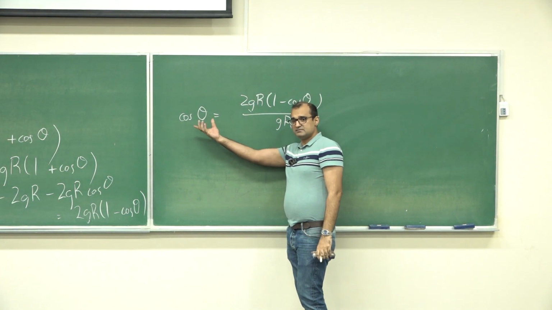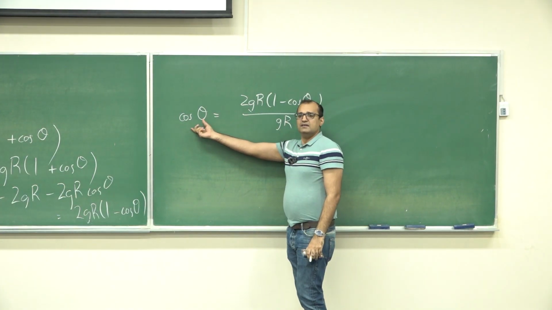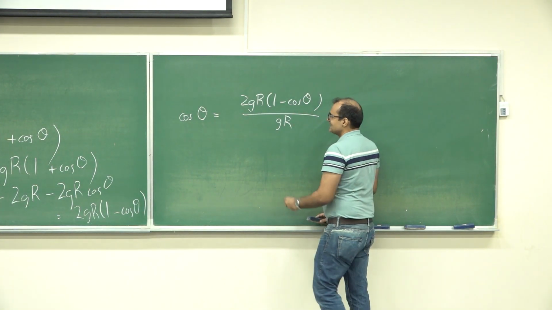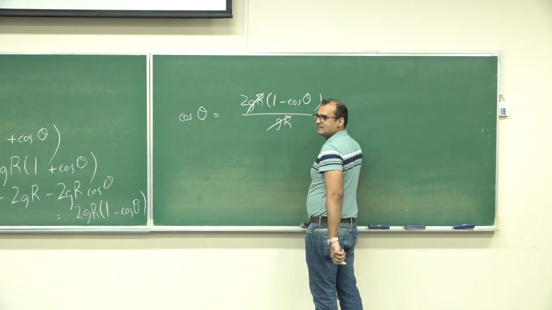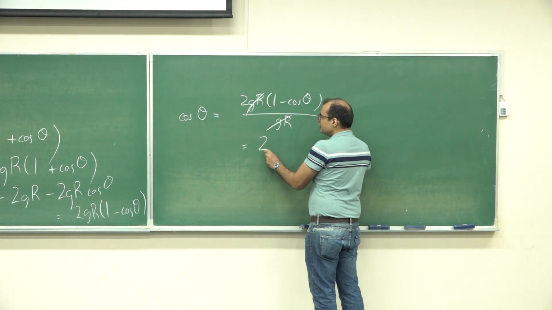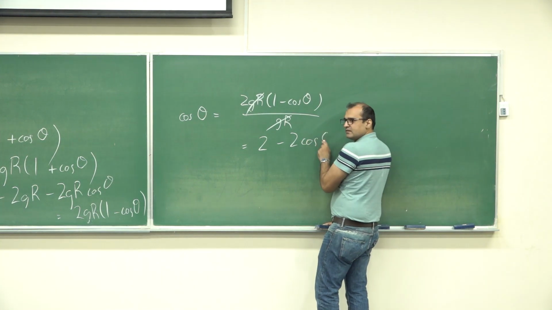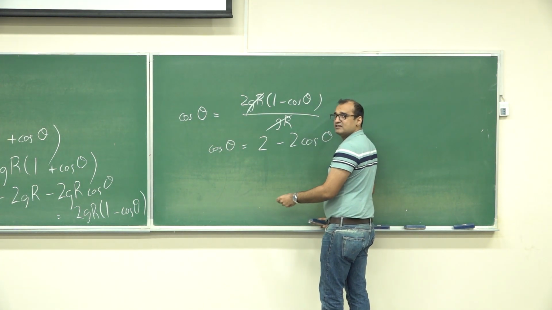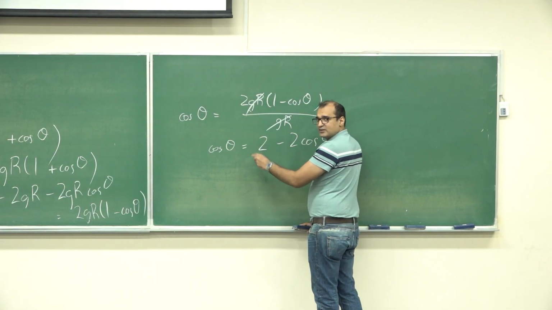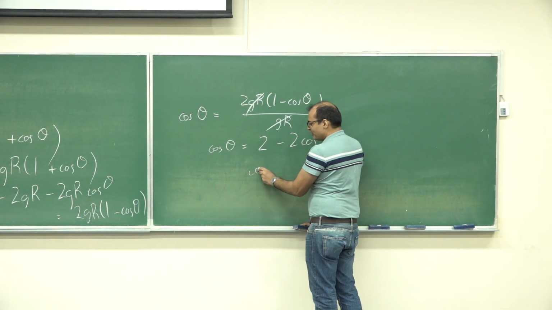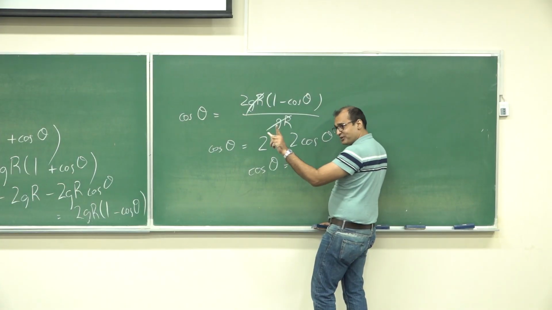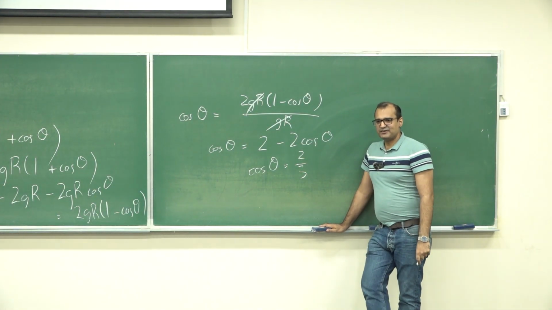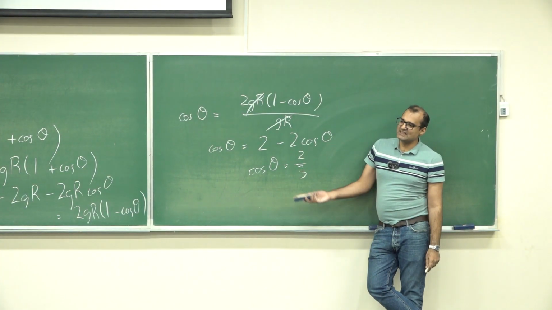Cosine of an angle is the ratio of two lengths, which is dimensionless. So gr cancels, which is equal to 2 minus 2 cos theta. So cos theta is equal to 2 minus 2 cos theta, and you can solve this one now. So we have 3 cos theta is equal to 2, and therefore cos theta is equal to not 0, 2 by 3. Okay? And therefore, what does this tell you?